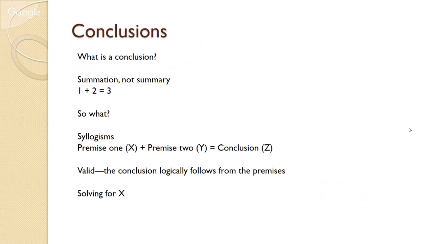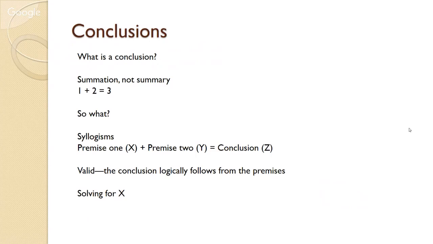I've talked a little bit before about syllogisms, and syllogisms are the most basic form of argument in writing, and not just in writing, but argumentation in general. They're based on deductive reasoning, where you have a series of premises and then the conclusion logically follows from them.